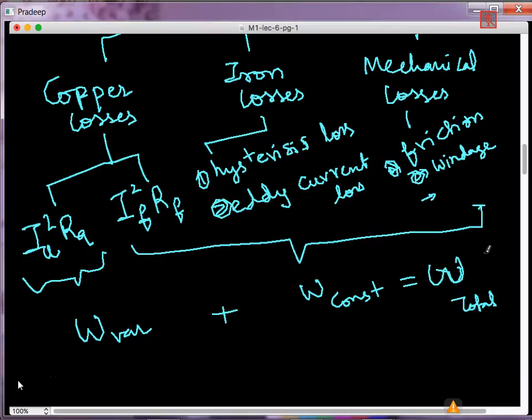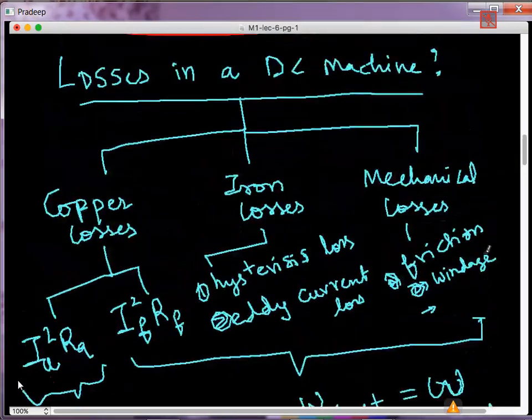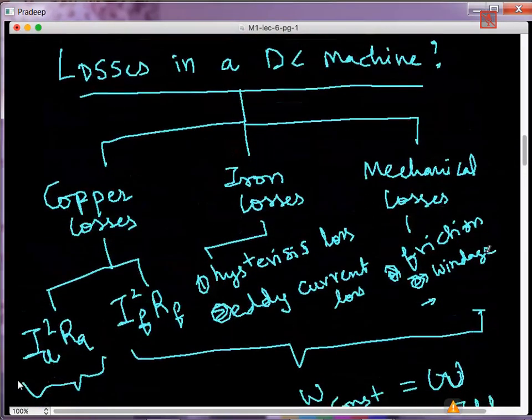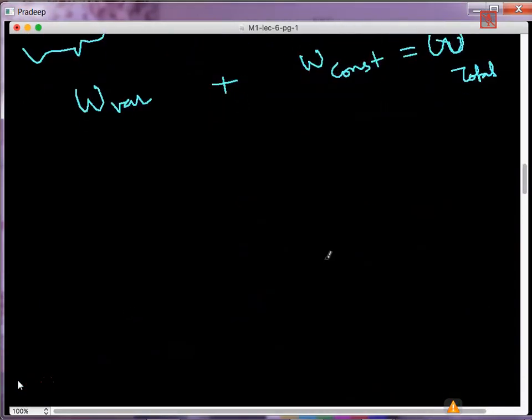These losses we can also represent in the form of power stages in the machine. Let's say you are talking about power stages in a DC machine.